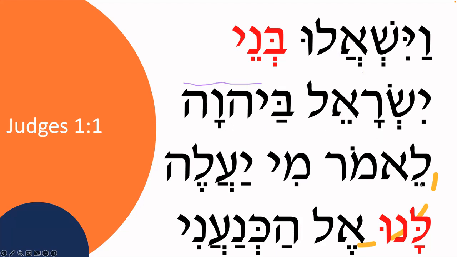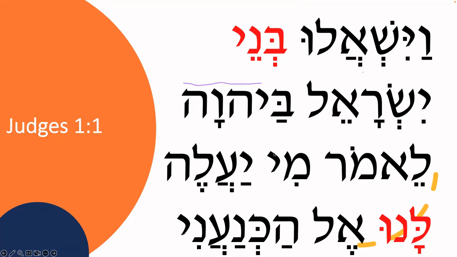Lemor, to say, saying, mi yaale lanu el ha-Kenaani. That's what they said. So what's mi? Who? Yaale, as we learned that one, to go up. Because God is up there, right? That's how I remember that word.